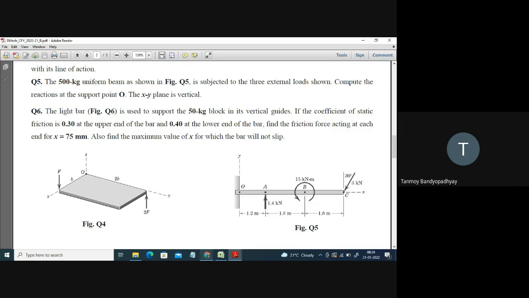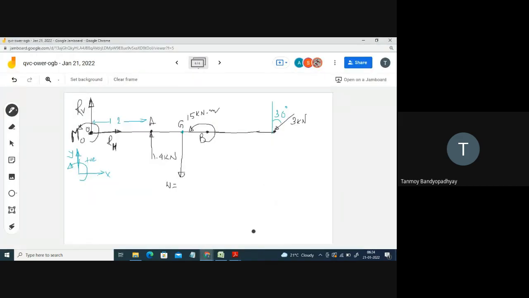So 500 kg means you have 500 into 9.81 divided by 1000. This is the weight of the block that is acting.